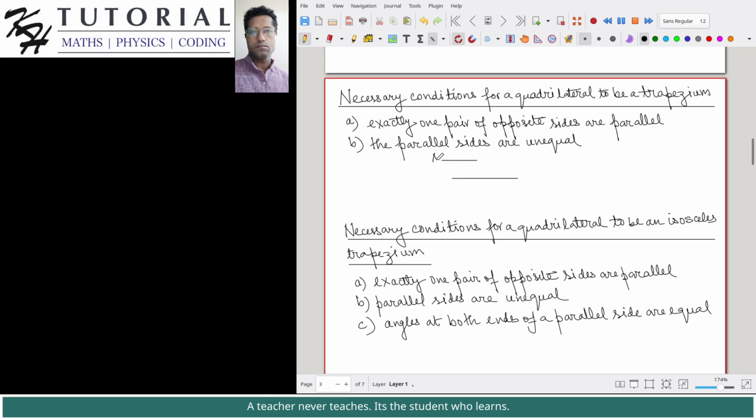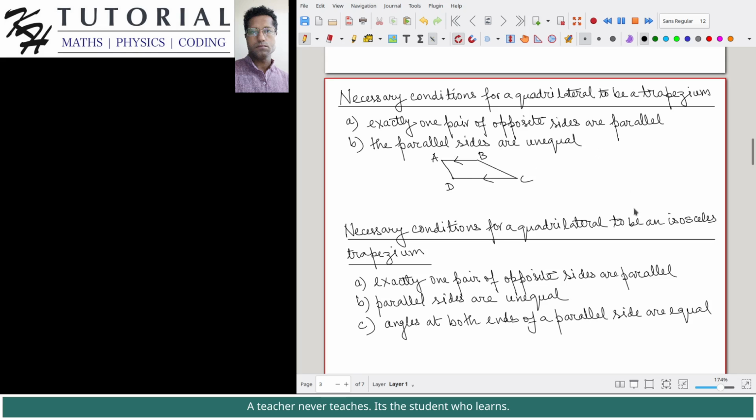So let's say in a quadrilateral ABCD, the opposite sides AB and CD are parallel but of unequal length. Then definitely the quadrilateral ABCD will be a trapezium.